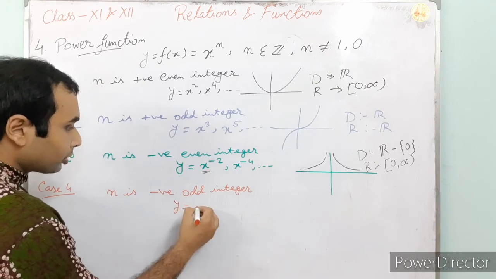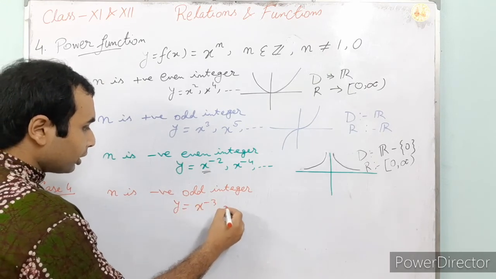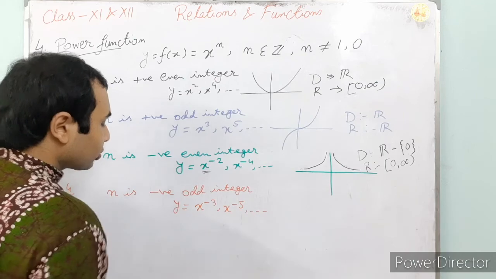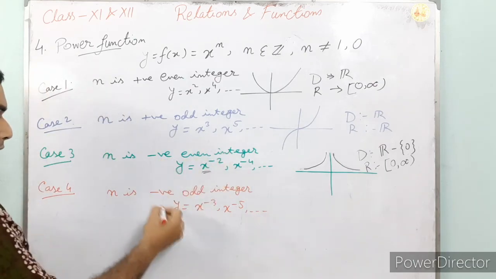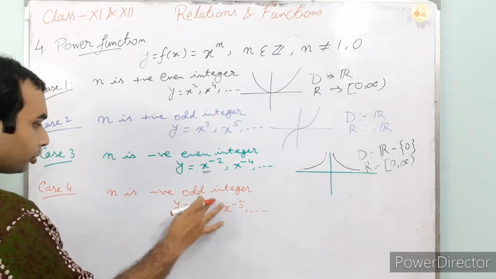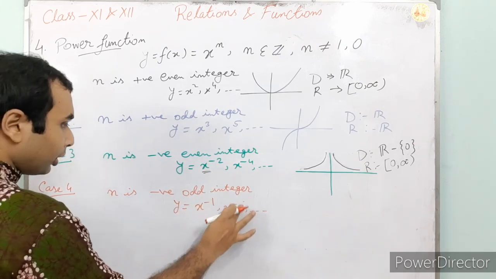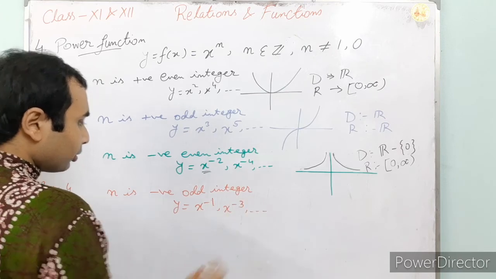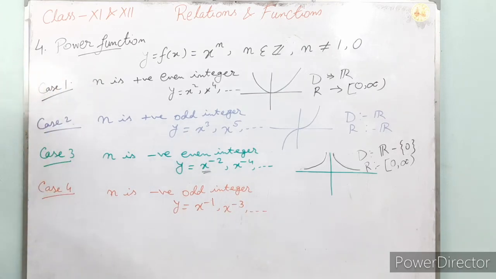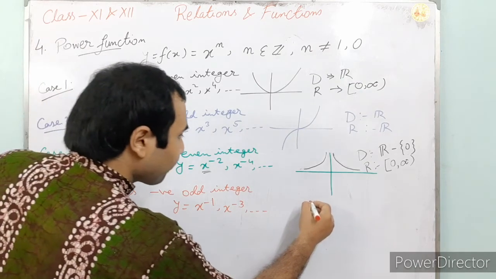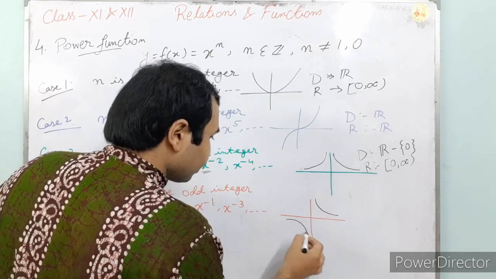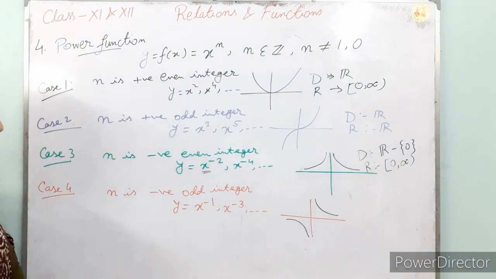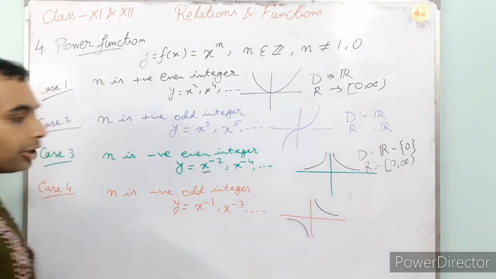Now student, n is a negative odd integer. That means y equals x to the power minus 3, x to the power minus 5 and so on. Actually here we have to take x to the power minus 1 also, minus 1, minus 3 and so on. Then what will the graph look like? Like this, quite hyperbolic type.